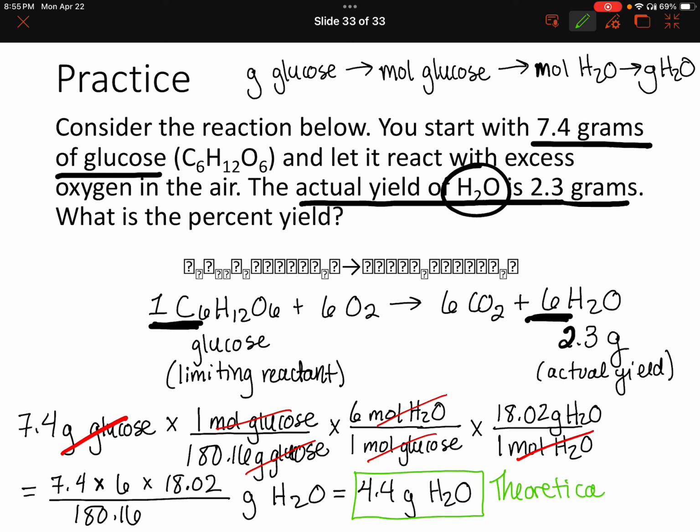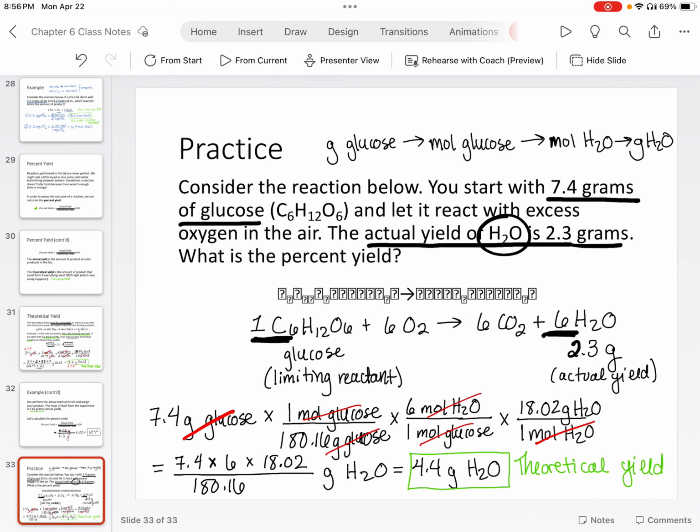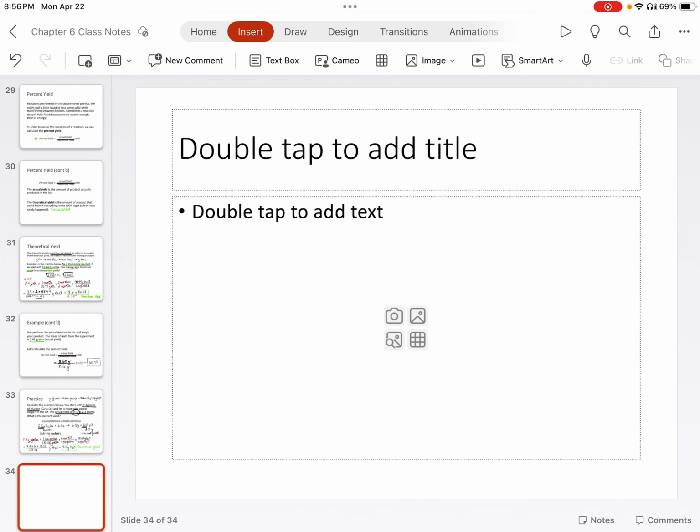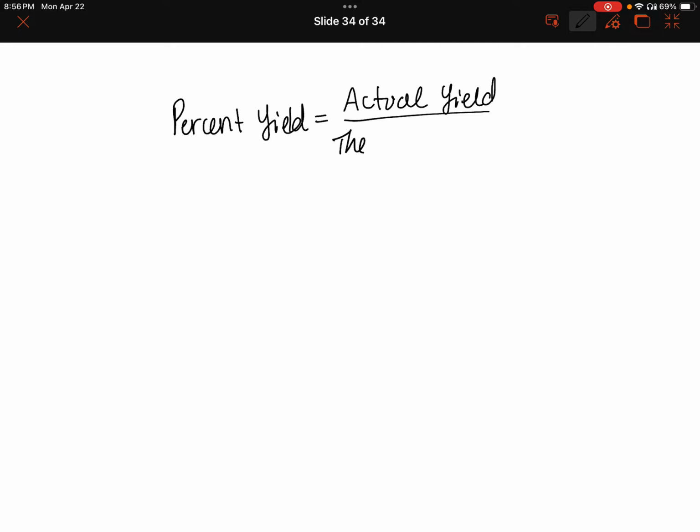All right, so let's plug this into our equation for the percent yield, which I've run out of room. So let me just put a new slide in here. And remember, the equation for percent yield is equal to the actual yield over the theoretical yield times 100.